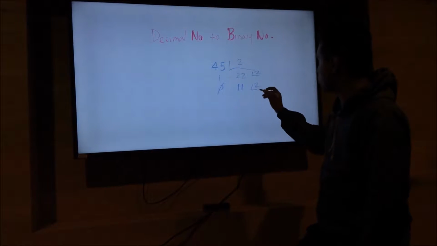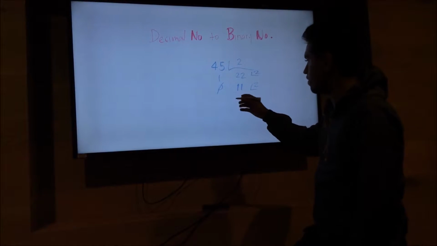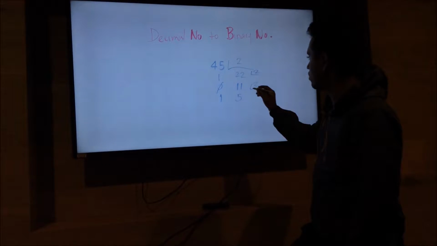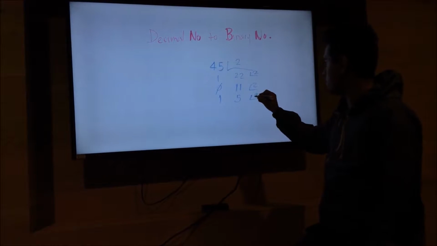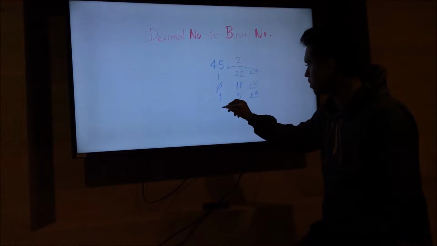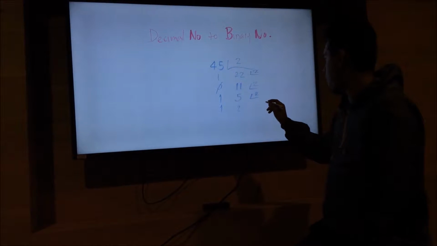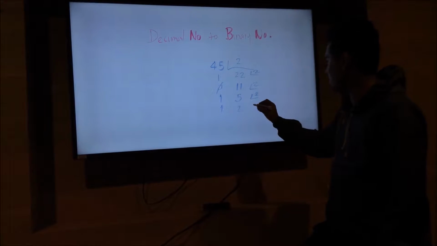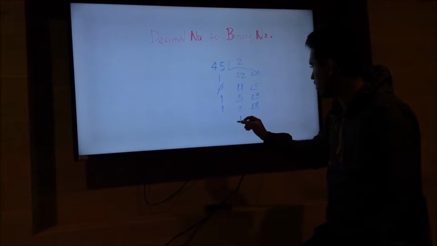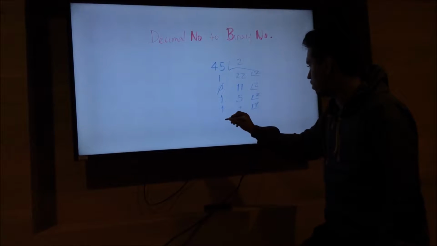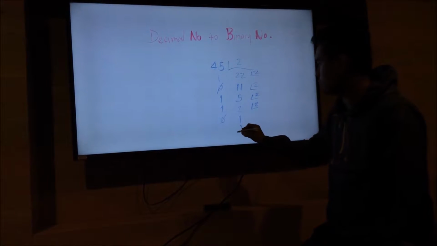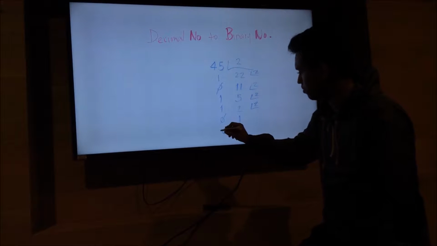Once again, we divide by 2, and the nearest number will be 5, and the remainder will be 1 to reach 11. Again, divide 5 by 2, and it will be 2, with a remainder of 1. Again, 2 divided by 2 gives us 1, and we don't have a remainder, so this passes through to here.